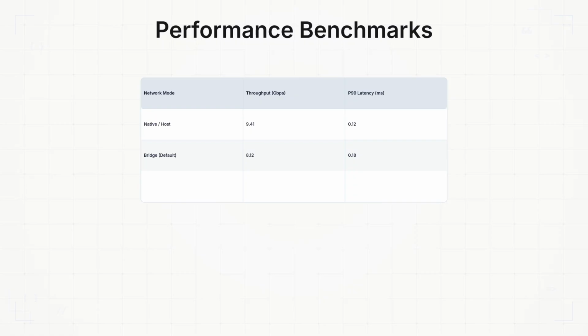When comparing native performance to container bridge mode, the throughput drop is usually manageable, around 5 to 10%. However, the latency story is different. In high concurrency scenarios, P99 latency can spike by 20% or more due to lock contention in the virtual bridge.